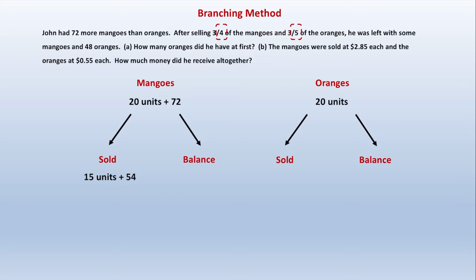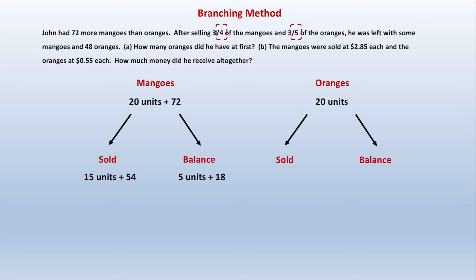So if there are 20 units and 72 mangoes at first, and if John had sold 3/4 of the mangoes, we can represent that as 15 units, which is 3/4 of 20, plus 54, 3/4 of 72, as the total quantities of mangoes sold. The balance will similarly be 1/4 of 20 units, 5 units, and 1/4 of 72, 18.